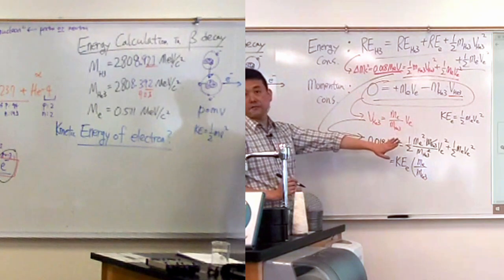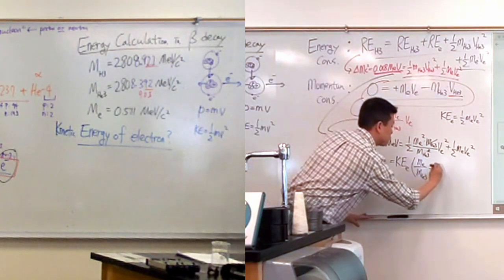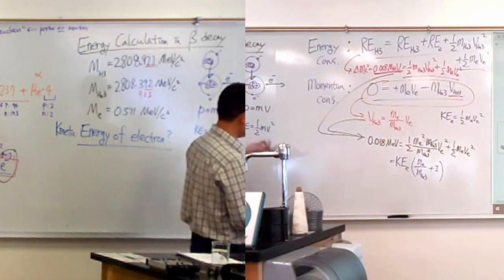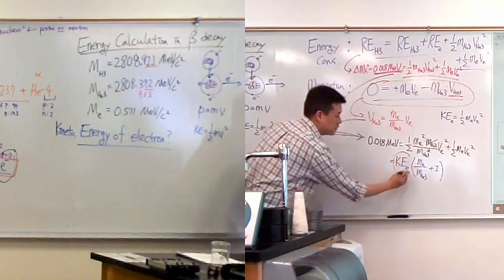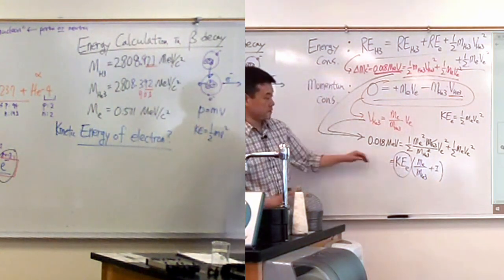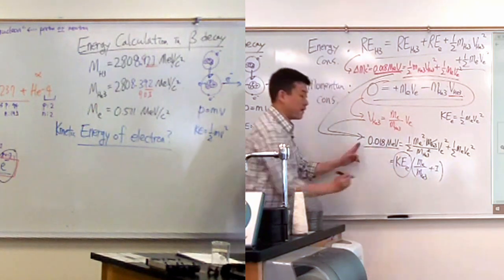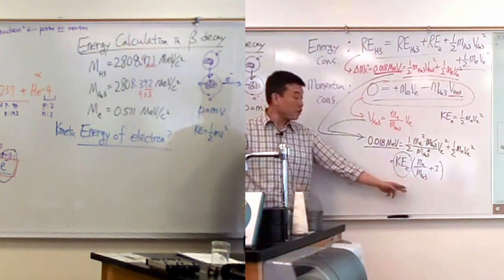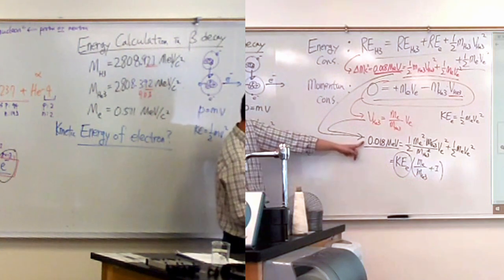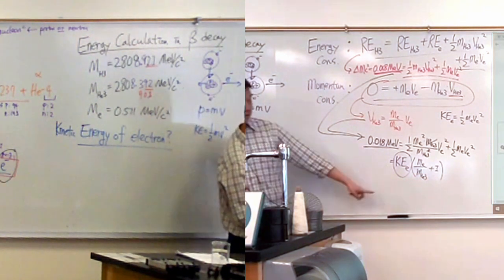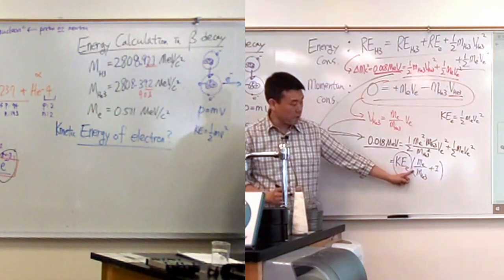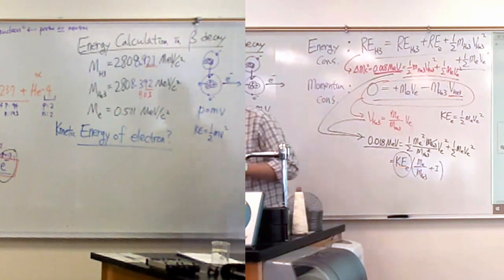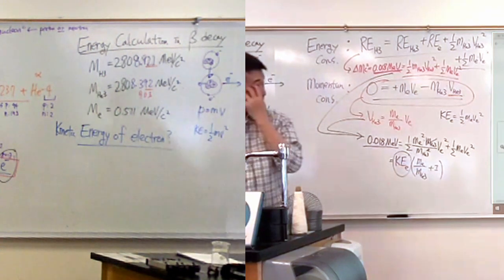I think that's everything there, right? Plus 1. So solving for the kinetic energy of the electron is just the total available energy divided by this. It's going to be something close to the total available energy because this fraction is smaller than 1.